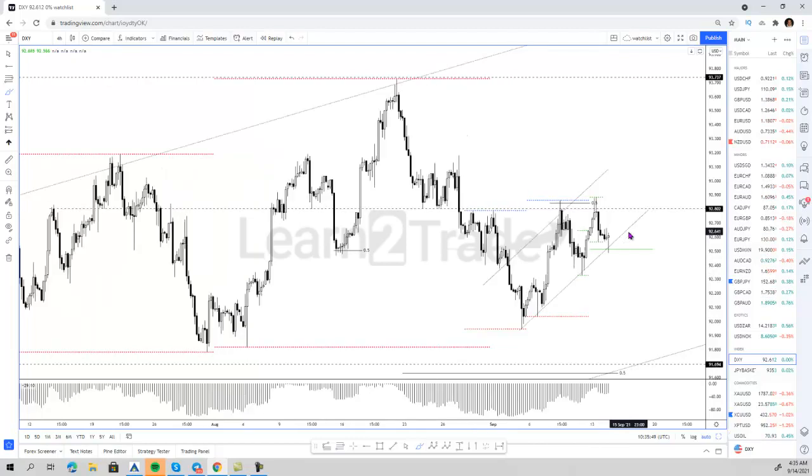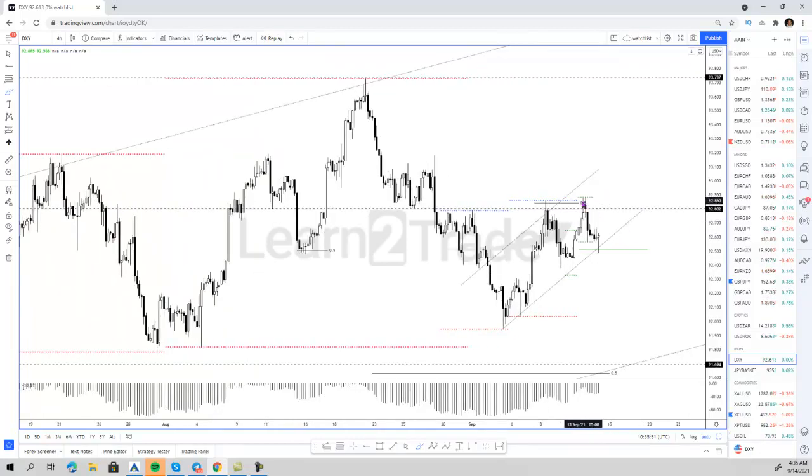Okay, so what I'm going to do very easily is wait for price either to reject that level again and then break to the downside on what seems to be a flag of the bearish leg, right here.